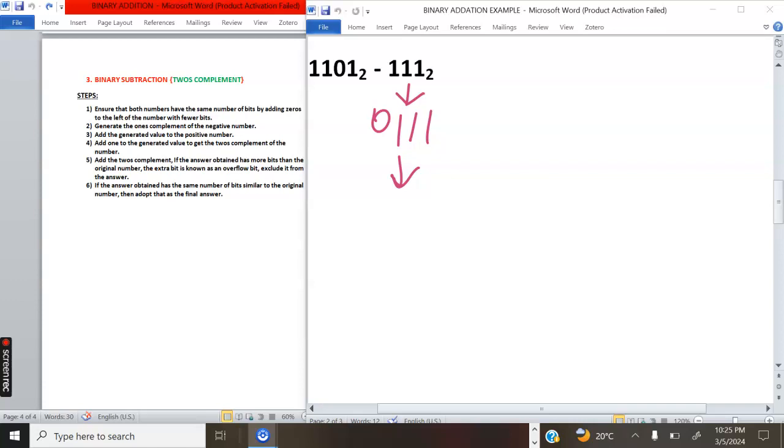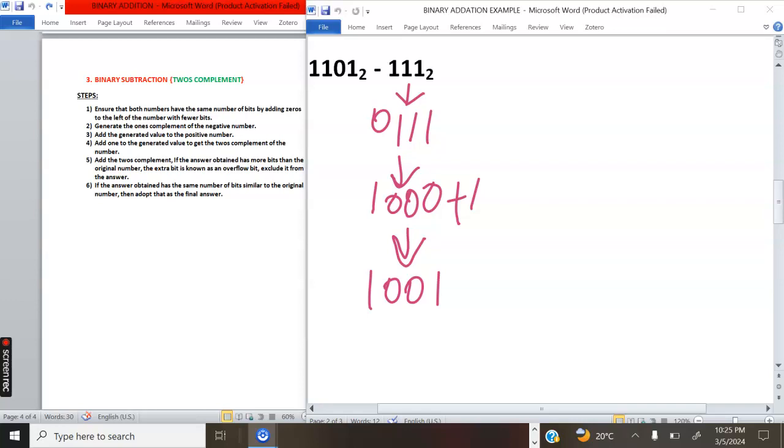So the 1's complement of this one will be 1 0 0 0. After doing that, we need to add 1 to get the 2's complement. So you add this number to 1. Therefore, the answer that I will have is 1 0 0 1.